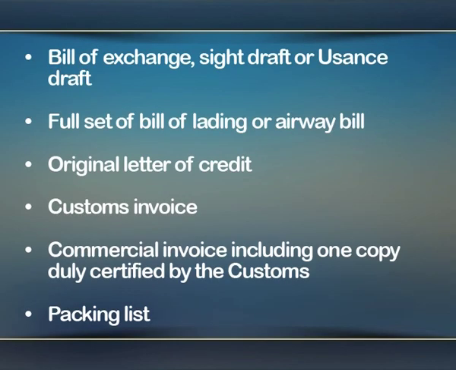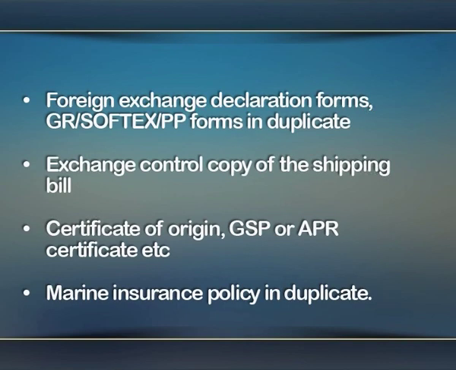The set normally contains bill of exchange, sight draft or usance draft, full set of bill of lading or airway bill, original letter of credit, customs invoice, commercial invoice including one copy duly certified by the customs, packing list, foreign exchange declaration forms, GR, Softex, PP forms in duplicate, exchange control copy of the shipping bill, certificate of origin, GSP or APR certificate, etc.